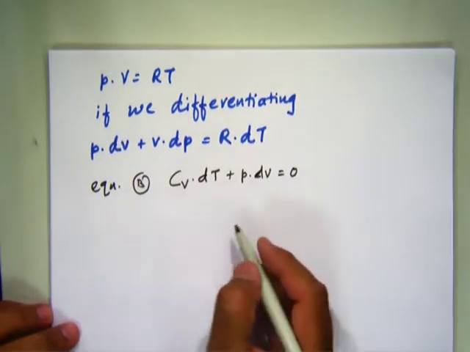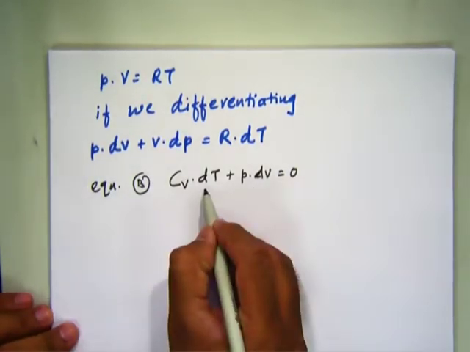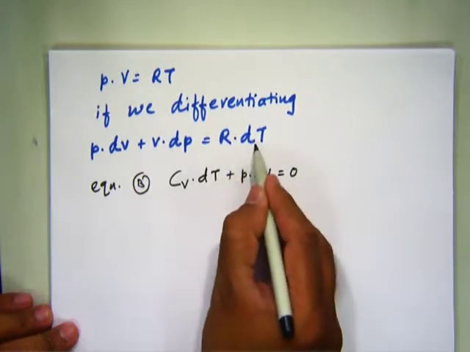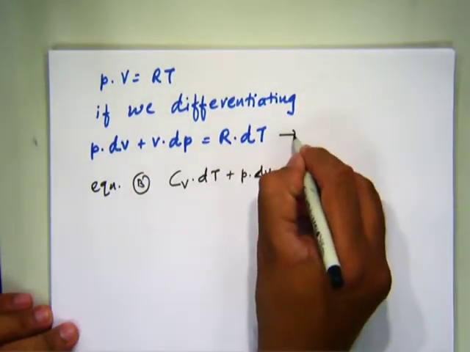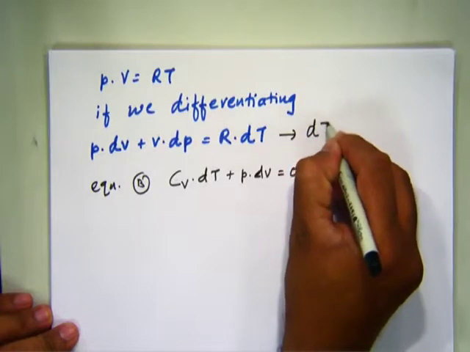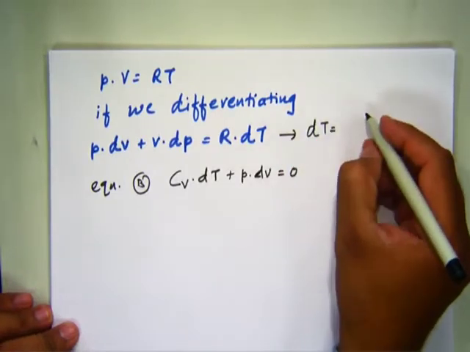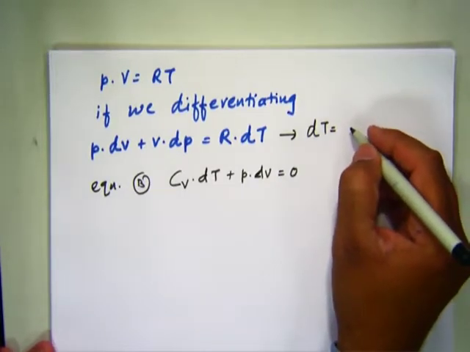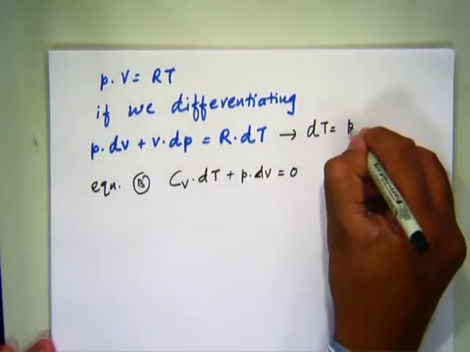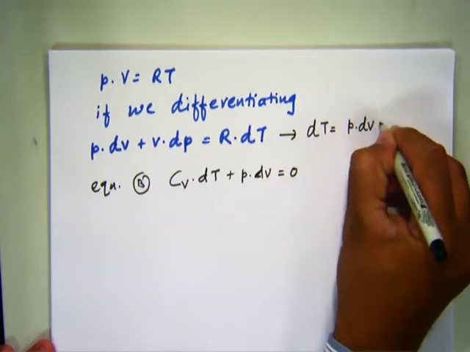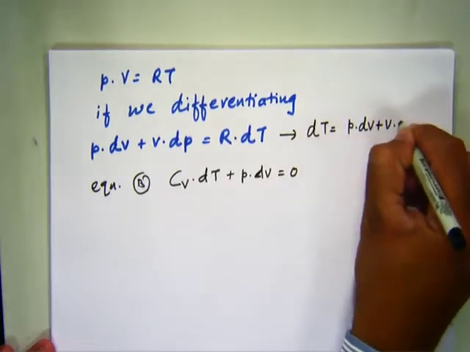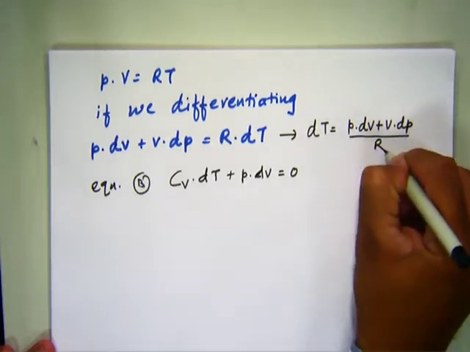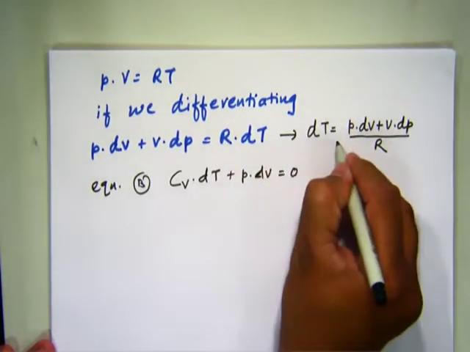In this equation B, put the value of dT from this. Here, you can write dT is equal to P into dV plus V into dP upon R. Put this value over here.